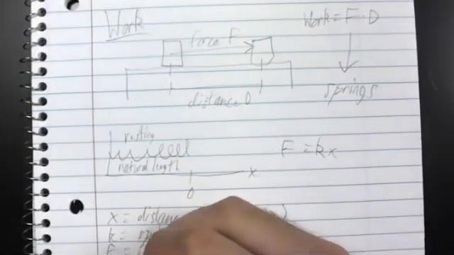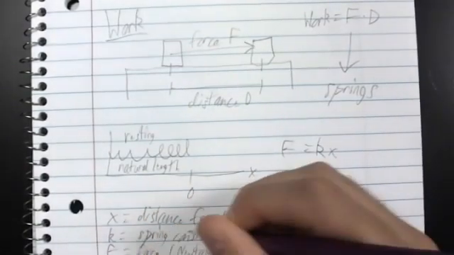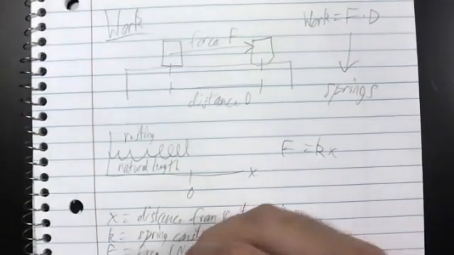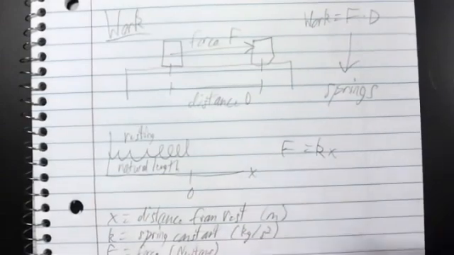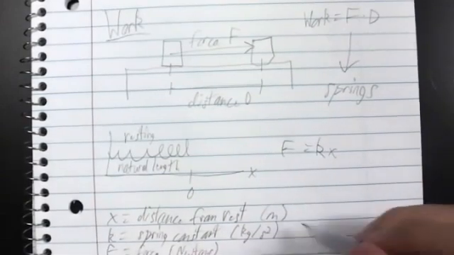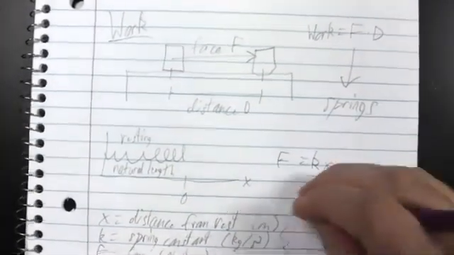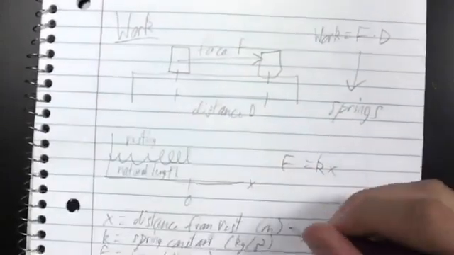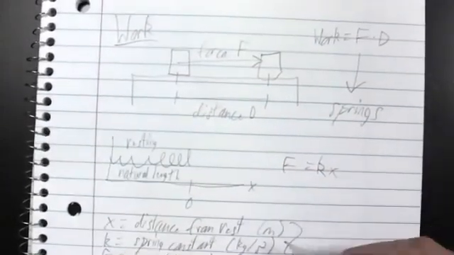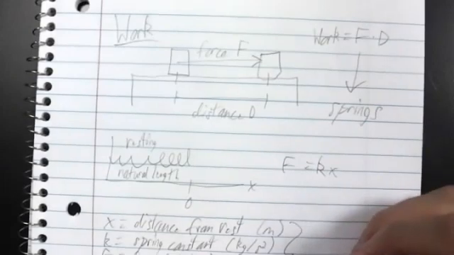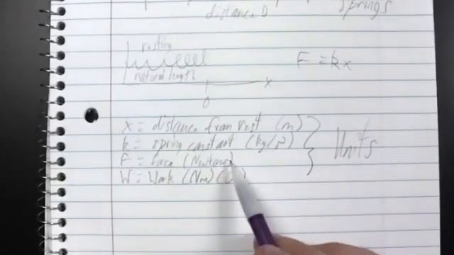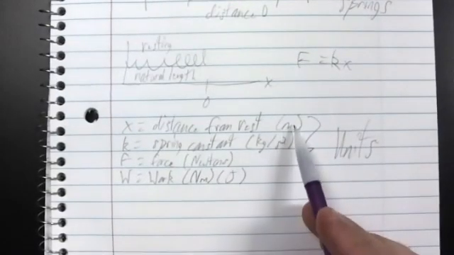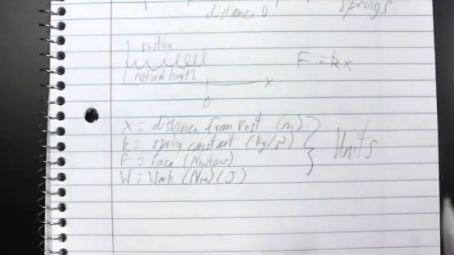And W is the work in newton meters, or joules. So these are the units for this. I wouldn't really worry about these. I would mainly worry about joules and newtons and math and distance. That's what you're working with.